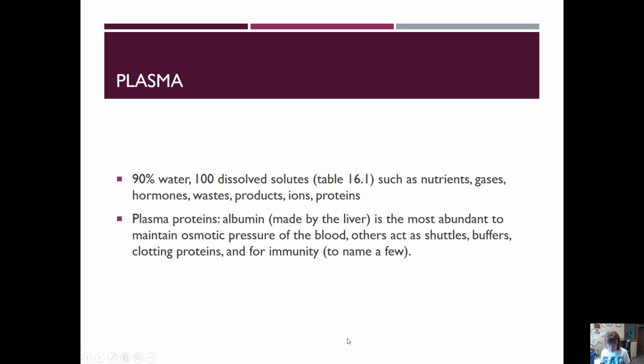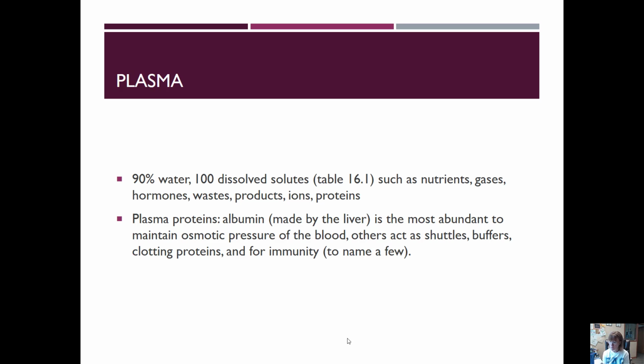Okay, so if we go down in the study guide, you can see how is plasma a colloid. It is because there are a lot of substances dissolved within plasma that remain suspended within plasma, like albumin and the clotting proteins and other proteins like LDLs and HDLs that will shuttle material around, and then antibodies, of course, and the clotting proteins, like I said.